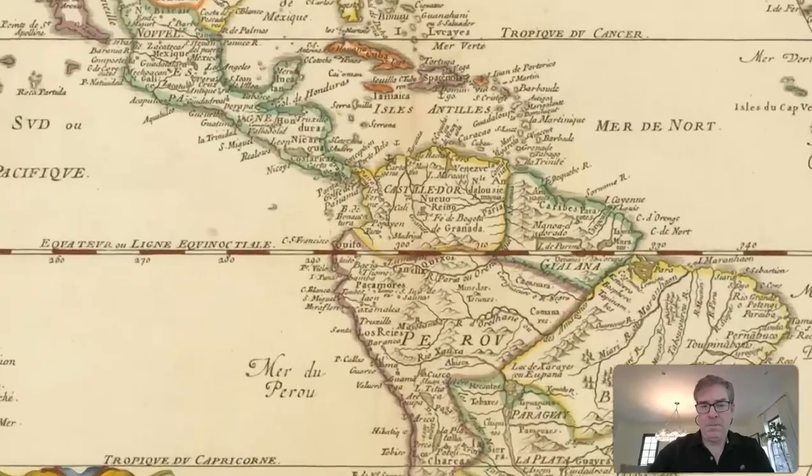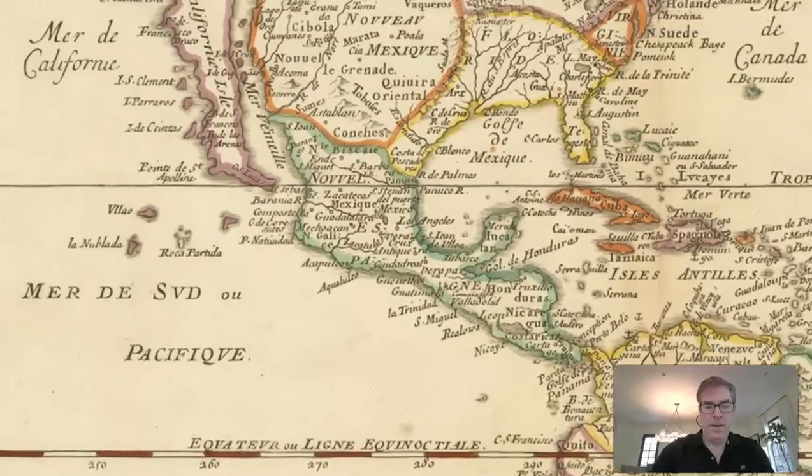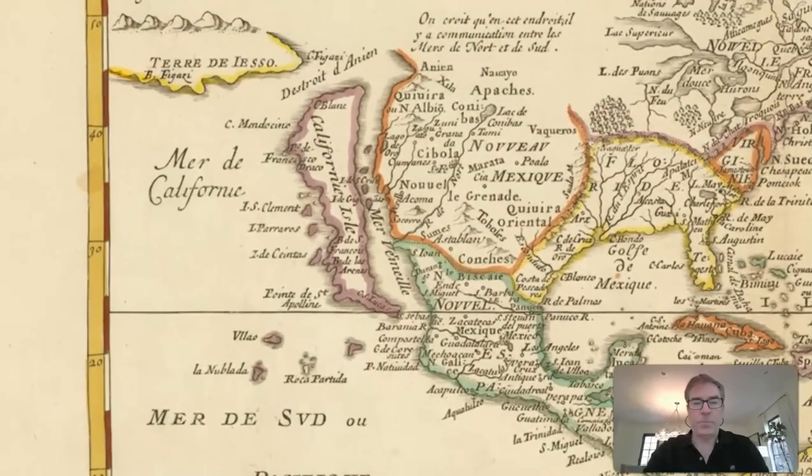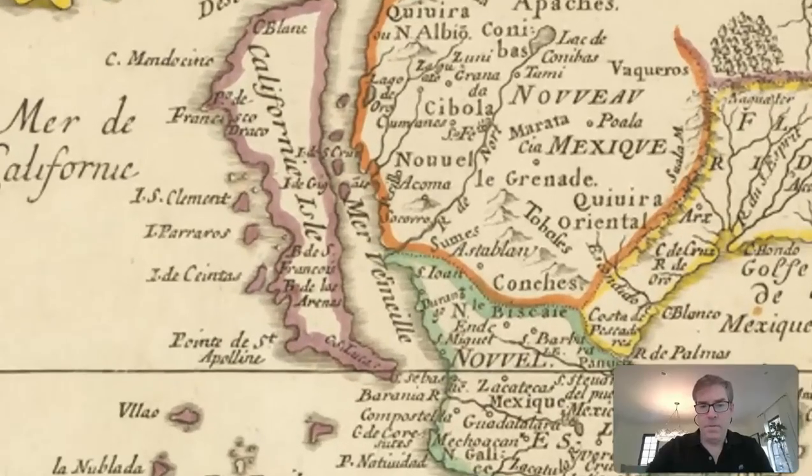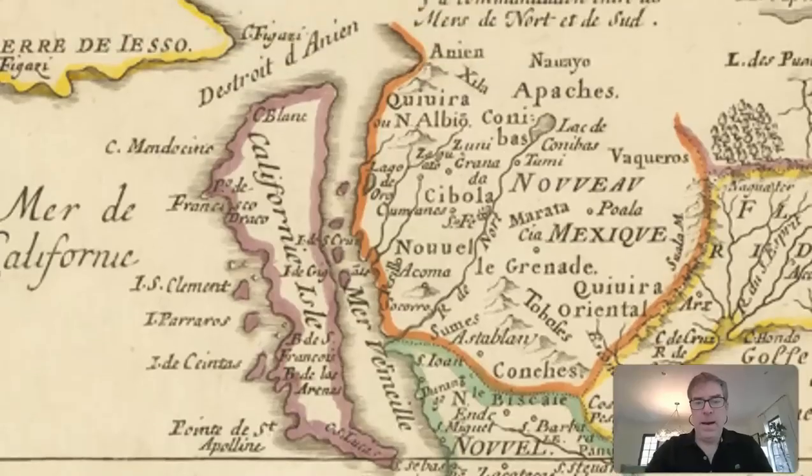Another map here, again in the 1600s, showing the Strait of Anian. California is an island, the land of Jesus, and you can see Quivira here.